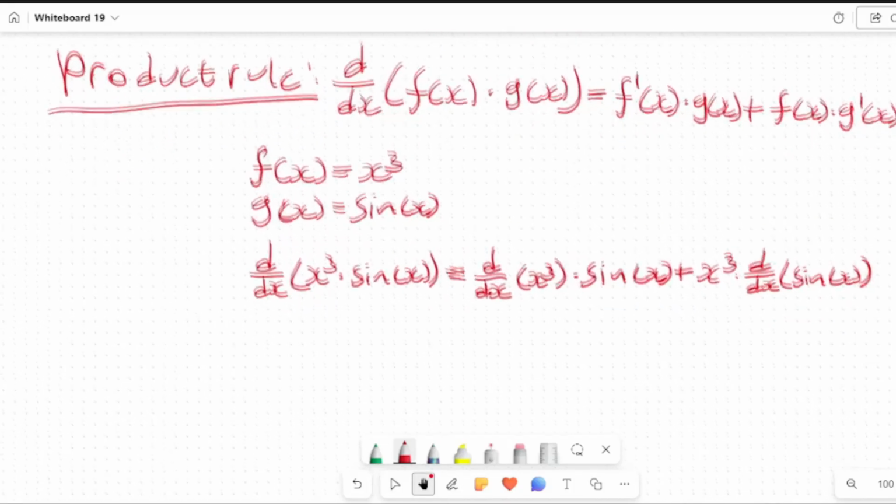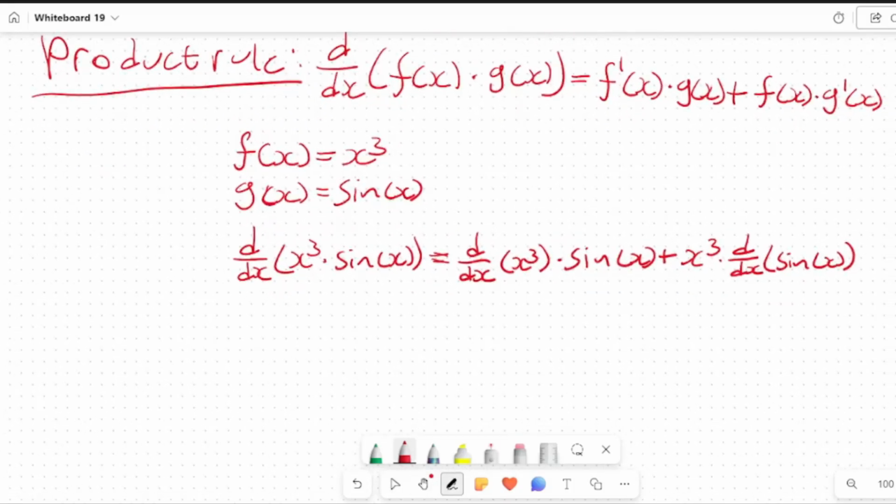So this is going to be our derivative. And as you can see, we actually made the derivative of a function much easier to do, because we know the derivative of x cubed and we know the derivative of sine of x.